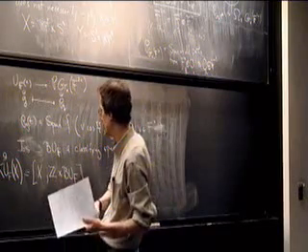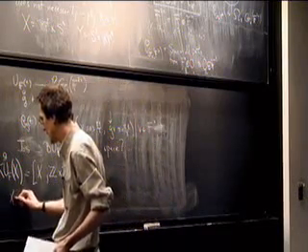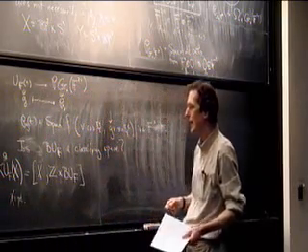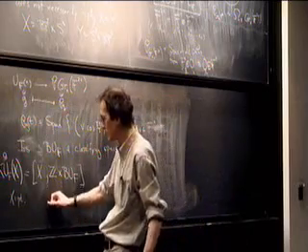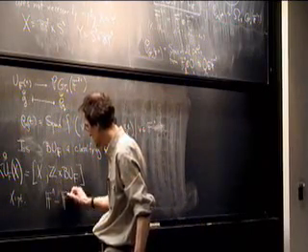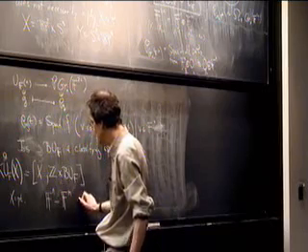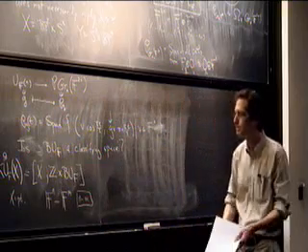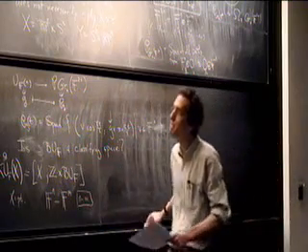In the simplest case, if I take X to be a point, then a K-theory class over a point is just a difference of two vector bundles, and the Z is n minus m. So that's the answer to that question.